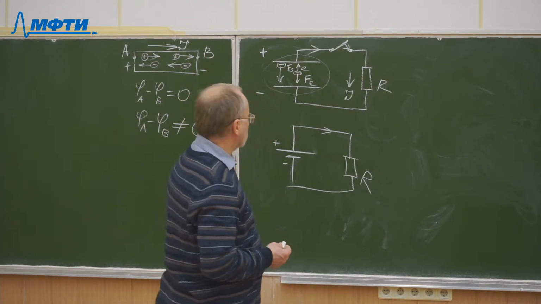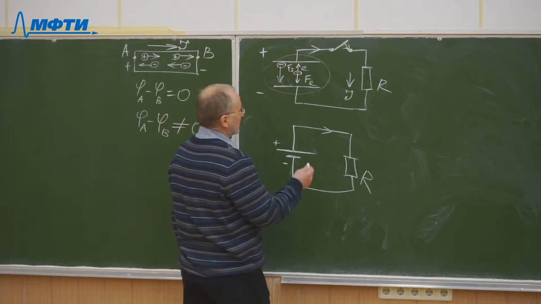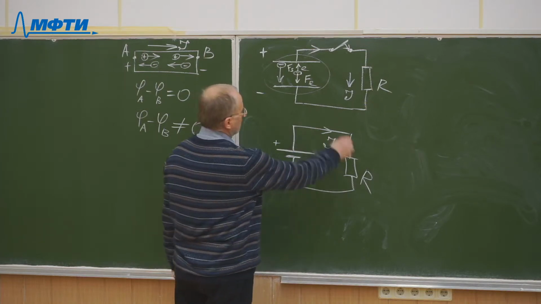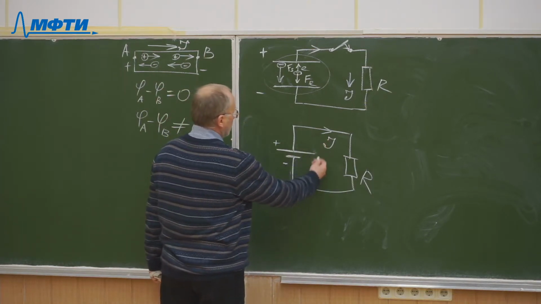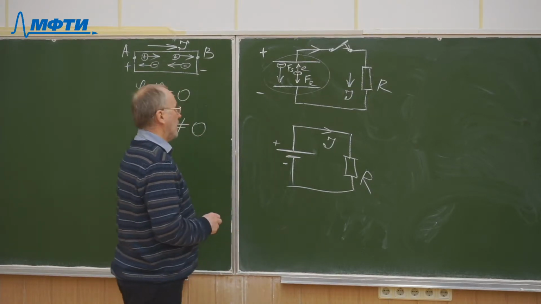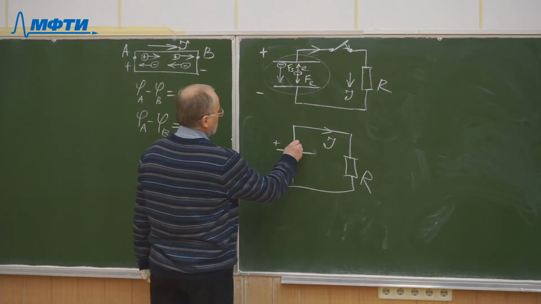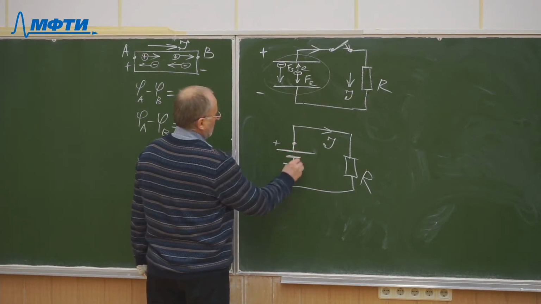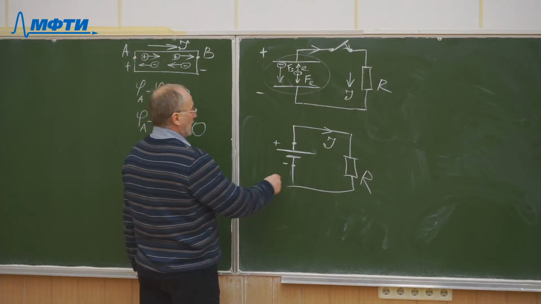So what actually are the manifestations of electric current? Suppose we have electric current, constant current created by some external source. Any external source produces some potential difference.